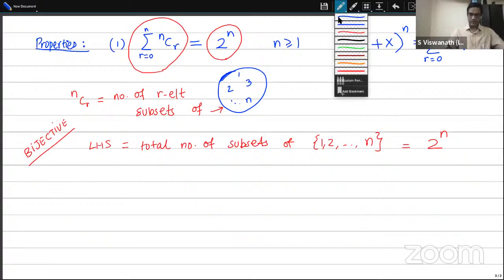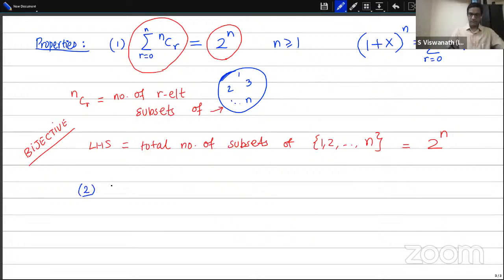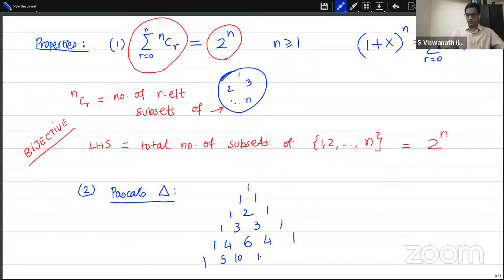So the other fact, of course, is the Pascal's triangle. So you can arrange the coefficients NCR as follows. So you put 1, 1, 1, 1, 2, 1, 1, 3, 3, 1, and so on, etc. Where the entry is in a given row.